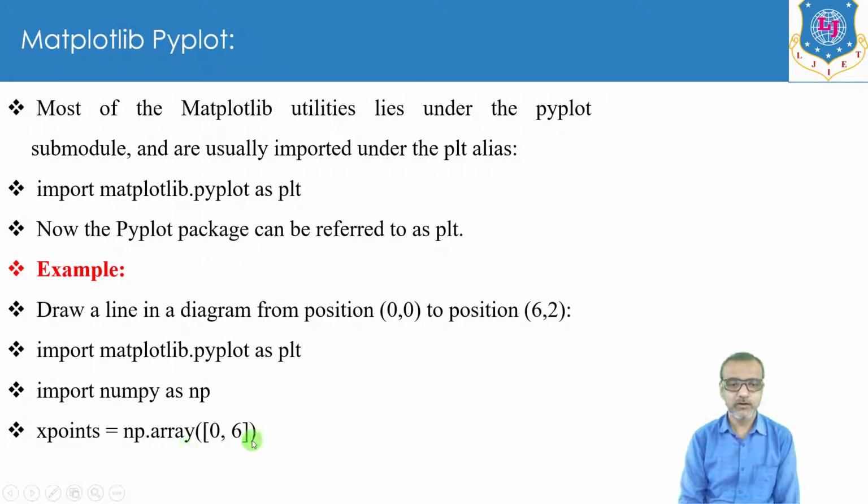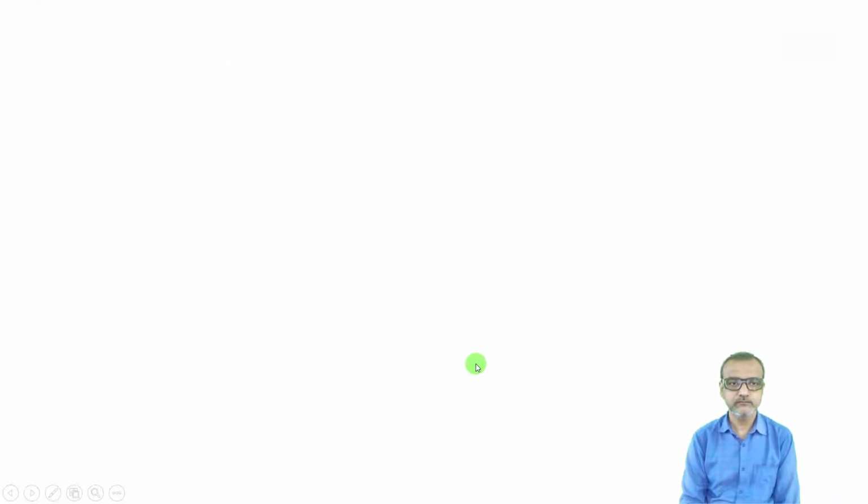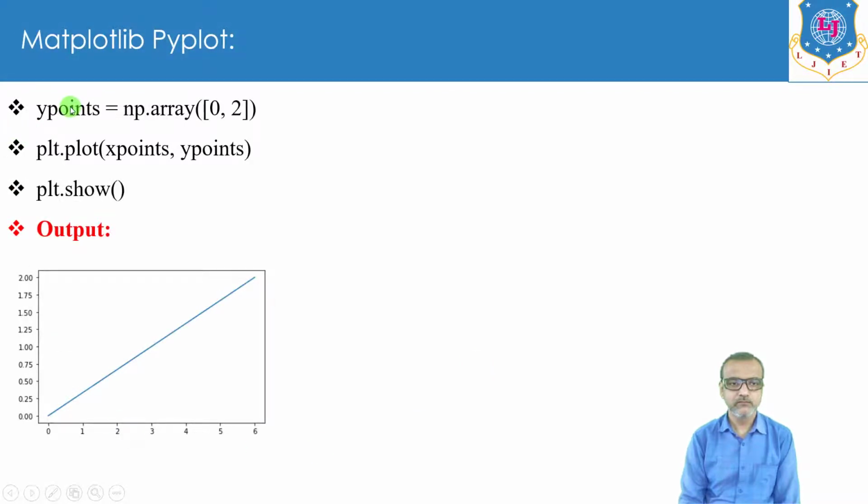Similarly, we create the array of y points, that is y points equals np.array 0, 2. So with this command, we have the array of y points, that is 0, 2.